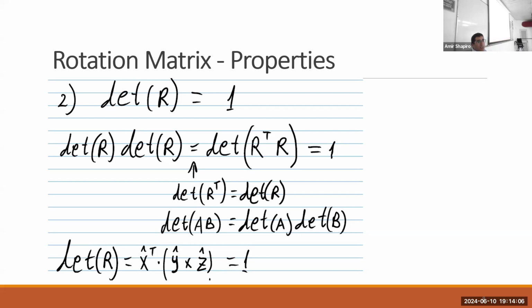And R transpose R is simply I, and the determinant of I is 1. Also, the determinant of R is X transpose dot Y cross Z.